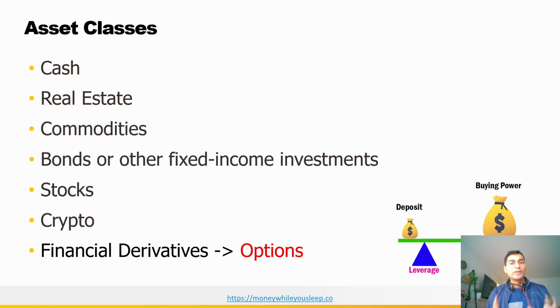One of the important differences I have observed is that derivatives have the power of leverage. The way leverage works is that your small amount of money can be leveraged for bigger trades or for bigger investments. That's how leverage works. And we will look at how it works in the real world for options.